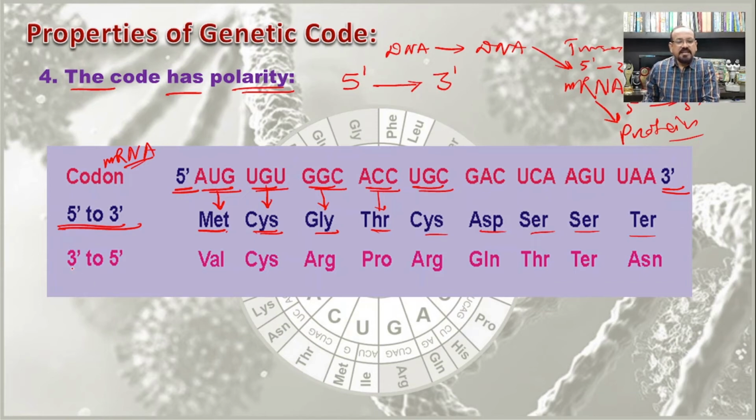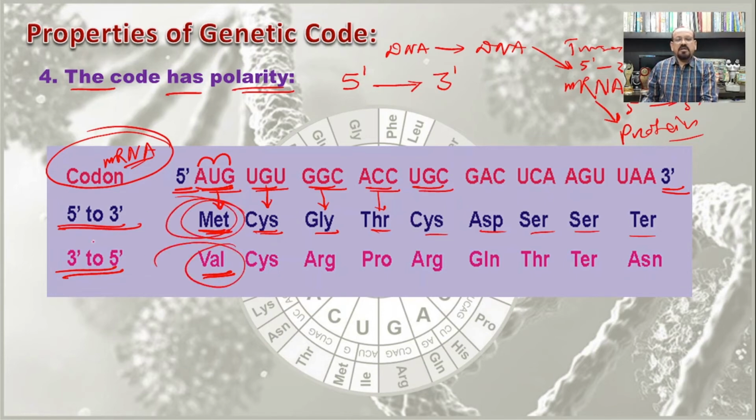If we read in reverse order, then that is GUA. So instead of methionine, there will be the specification of another amino acid, and that is valine. But when the sequence of nitrogen bases on the mRNA is present in the form of AUG from 5' to 3' direction, there must be the synthesis of methionine and not valine.